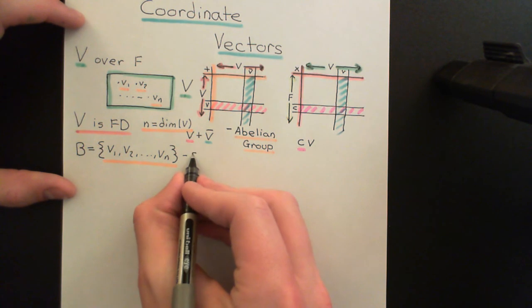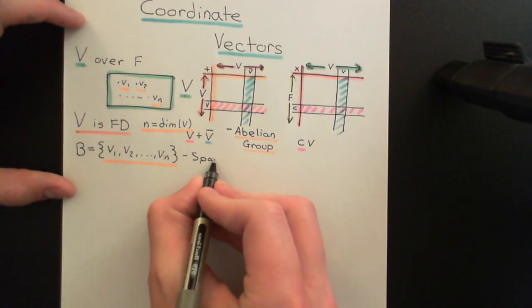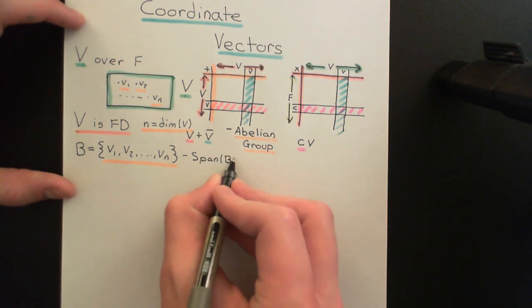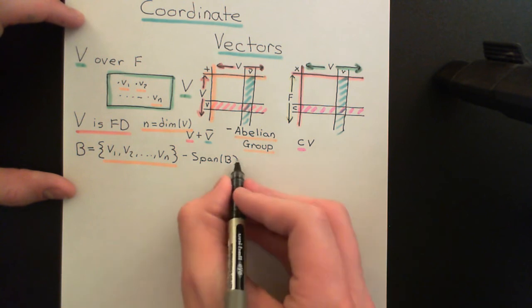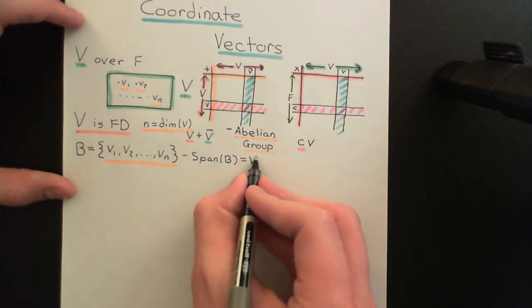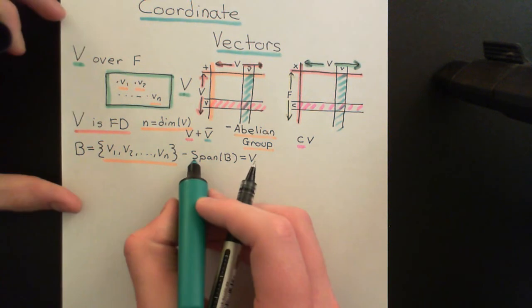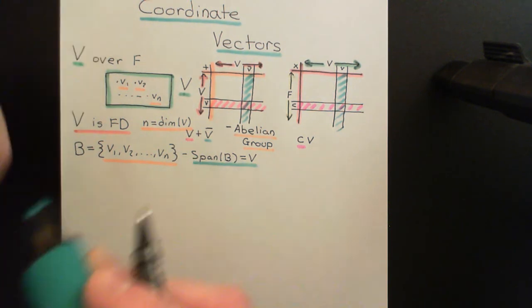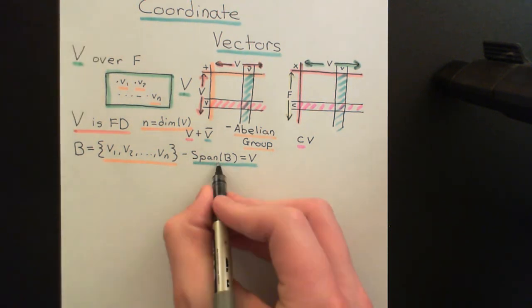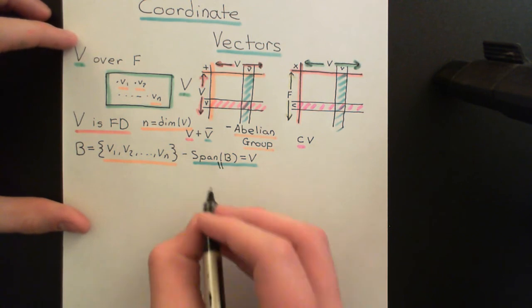Number one is that the span of this basis, the span of this set of vectors, must equal the entire vector space. So span B must equal the entire vector space, capital V. Now what does that actually mean? Well, we need to know what the span of a set of vectors is equal to.